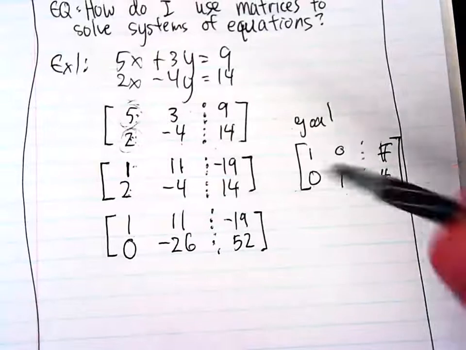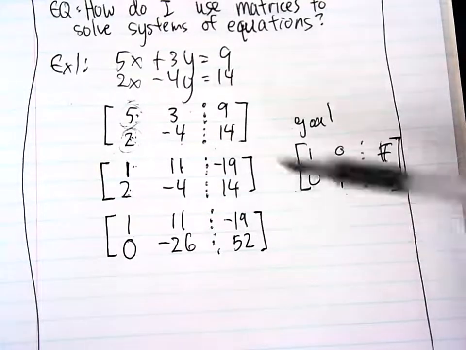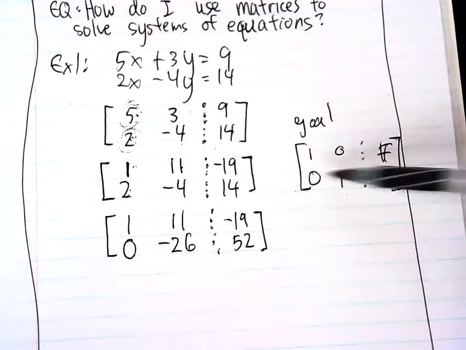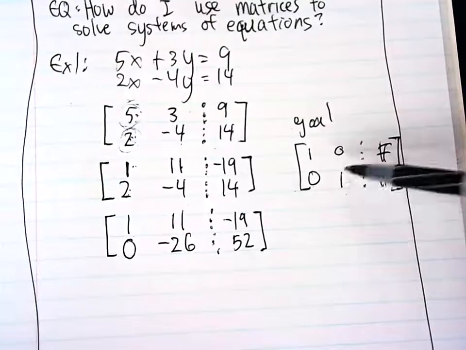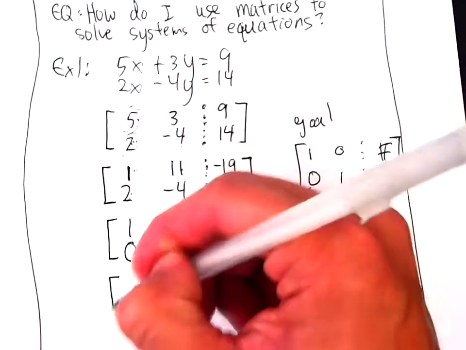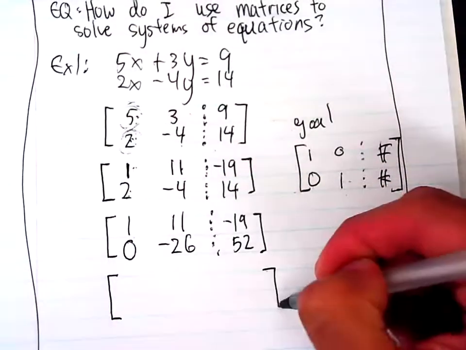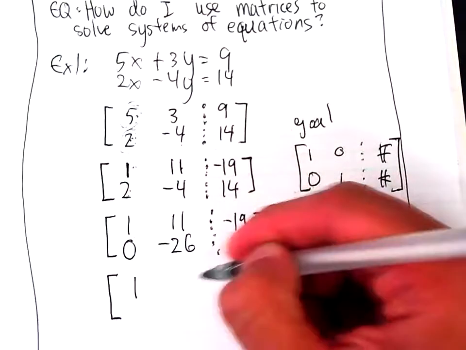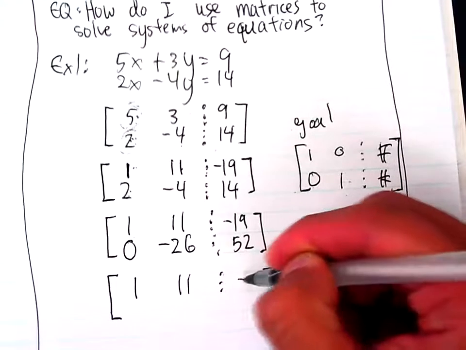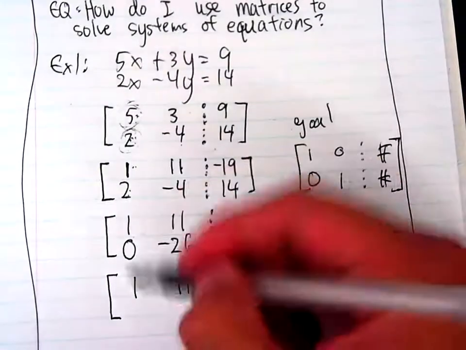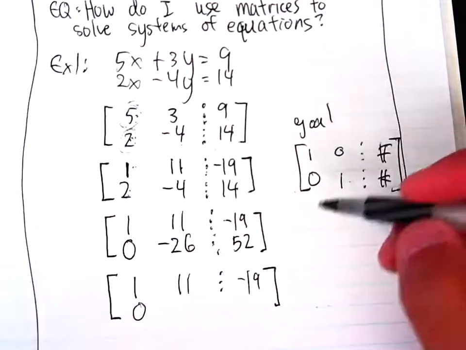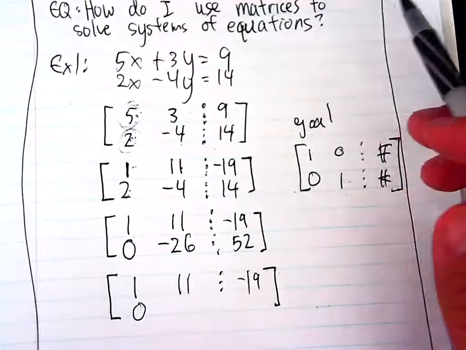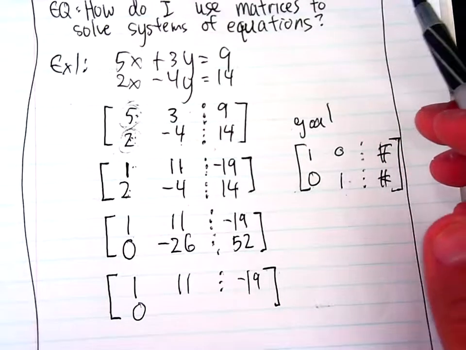Now I have 1, 0. Now I want to turn the negative 26 into 1. So I'm going to rewrite the top row because I'm not doing anything to the top row. And I'm going to do number 2, which is multiply one of the rows by a nonzero constant.